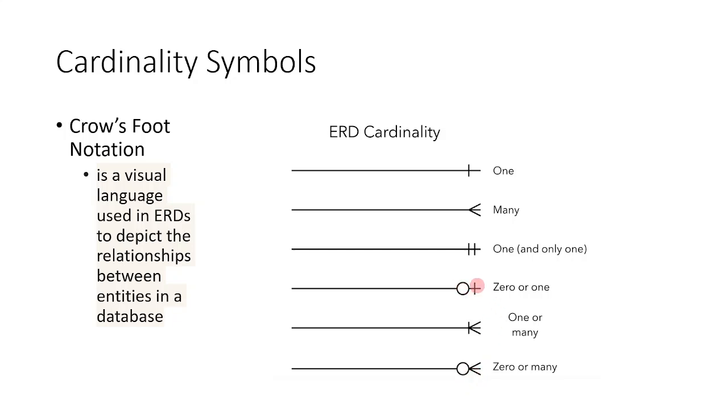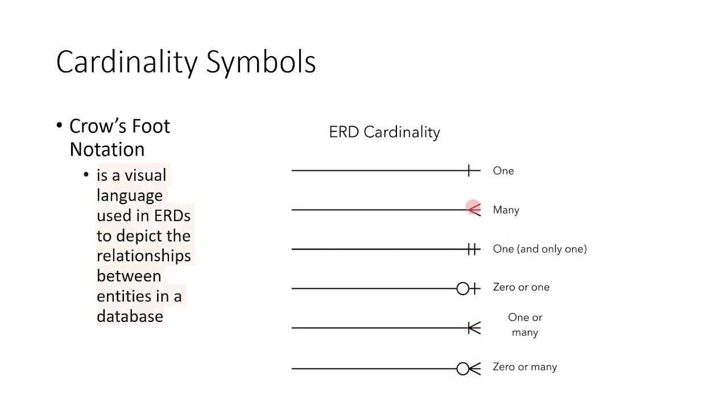Or zero or one. Try to find anything that is possible, optional. So this is actually optional. It could be zero, or he has one. We could have many wives, zero or many wives, or this is zero or one wife, or zero or one husband. Then one or many.